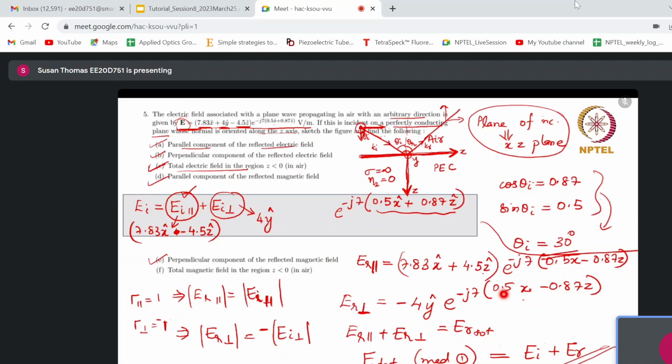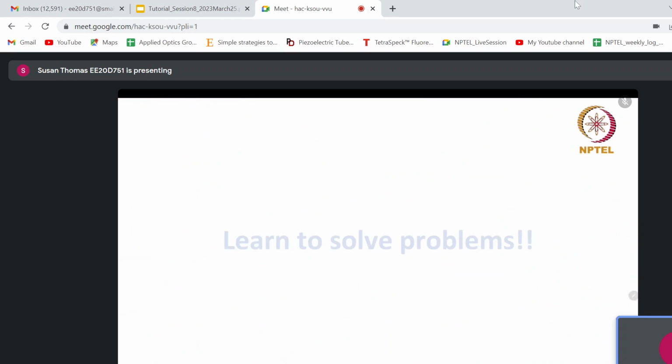So let's move to the D part. Let us start. What is given in our question is EI, which has EI parallel and EI perpendicular.